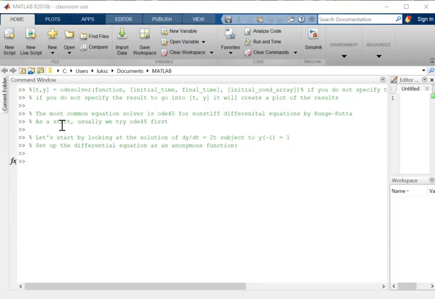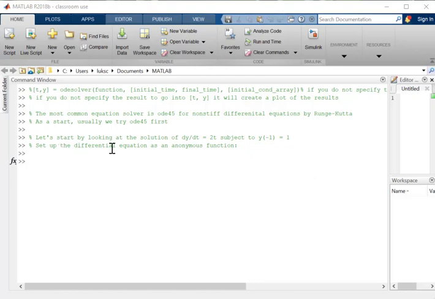And so you want to change your technique as you change the behavior of the function. But for things that are going to behave fairly similarly throughout the process, then a non-stiff system is going to be appropriate. And ODE45 is usually where we start. And if you don't like your answers, you try something else.